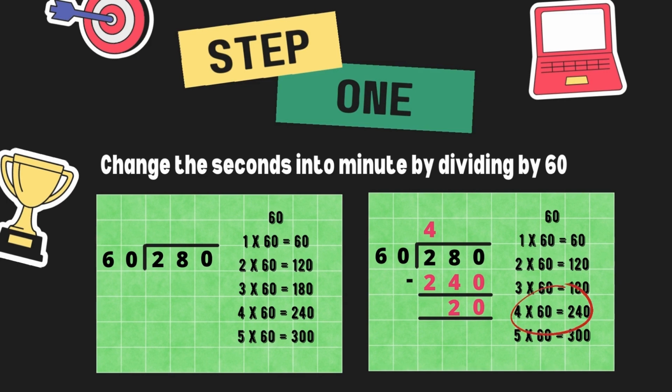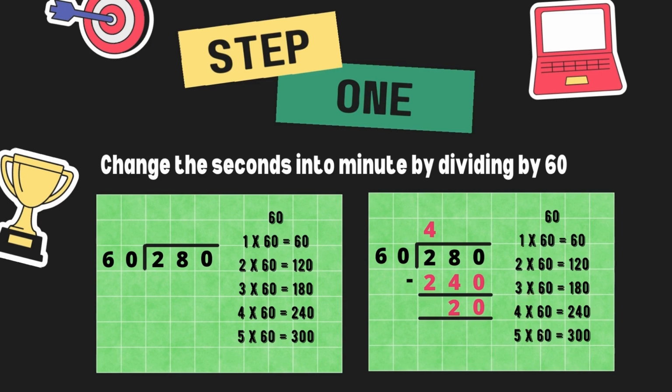There is no 280, so we are going to find a number that is less than 280, closer to 280 but not more than 280, which is 4 times 60, which is equal to 240. So that will be 4. So 4 times 60 is 240. So 280 minus 240 will give us 20 as the remainder.